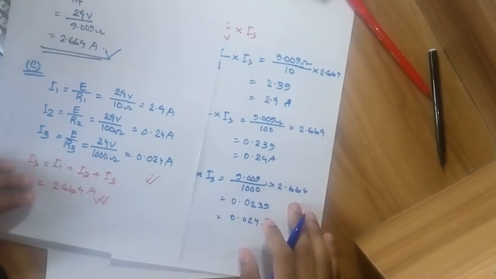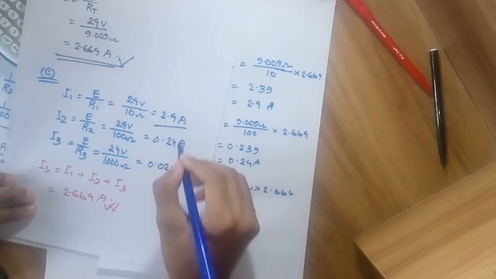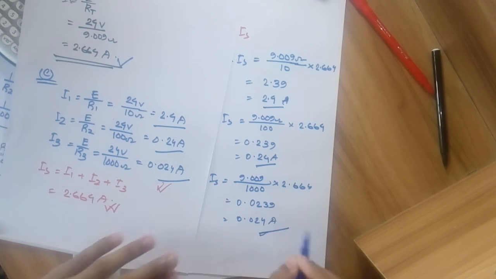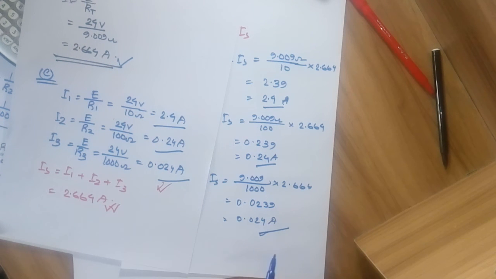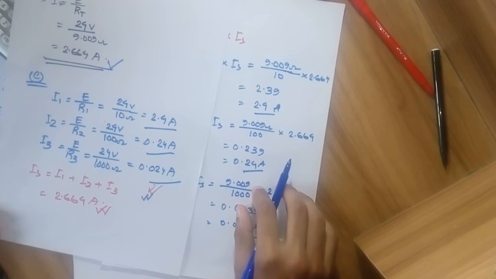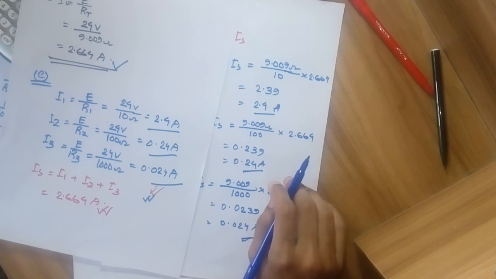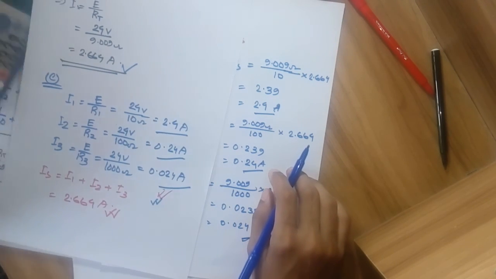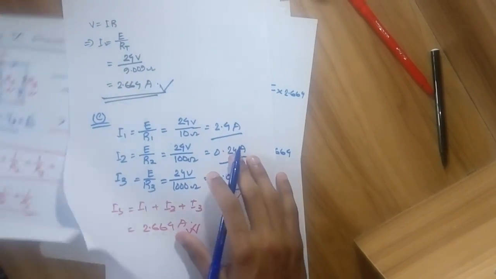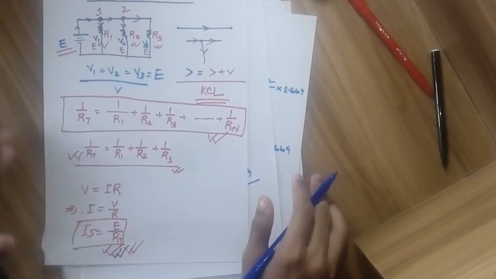You can use any method for these problems, but this is a very simple circuit with only a parallel network, so you can use Ohm's law. But for complex circuits like series-parallel or similar problems, we can't use only Ohm's law.